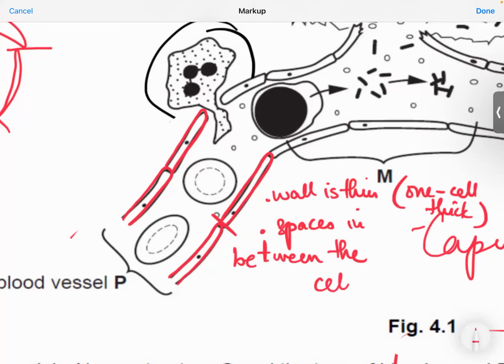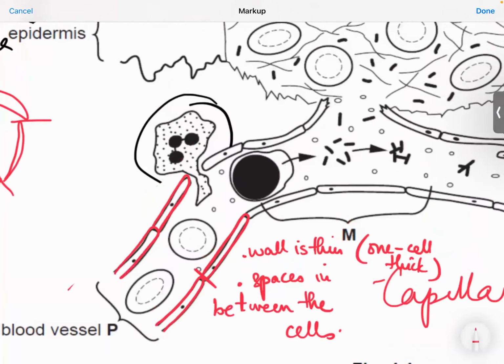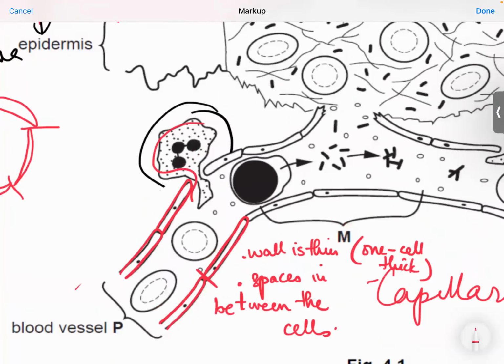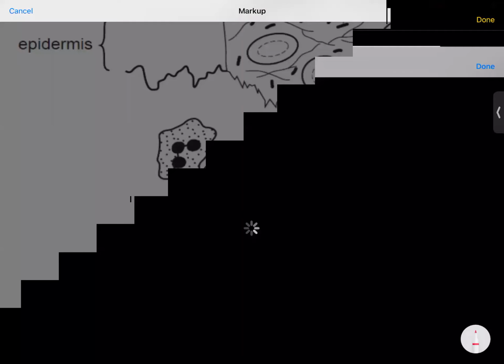And one more evidence that gives me that it's a capillary is that I can see that the WBC can squeeze through the space. Got it? ठीक है, let's come back to where we were.